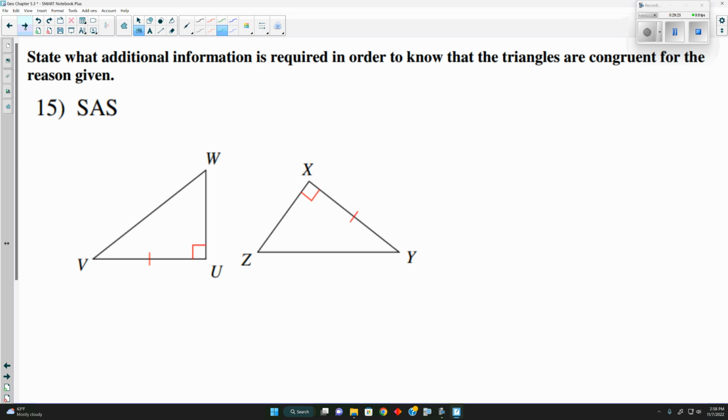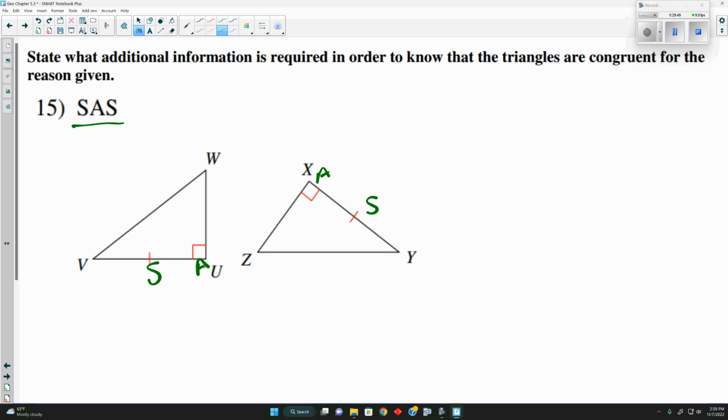So let's look at this one here. So we're told that these two triangles are congruent. What additional piece of information do we need to be able to say that they are by side angle side? So guys, we have that XY and WU are congruent. We also have that angle X and angle U are congruent.